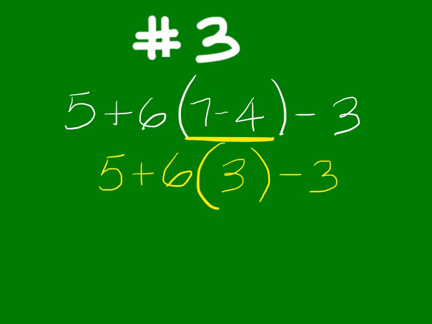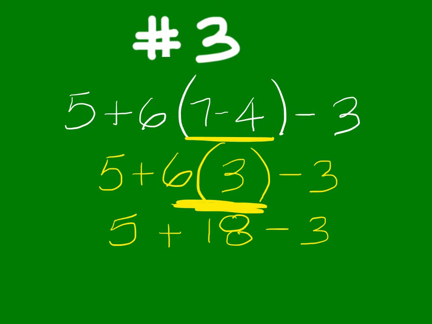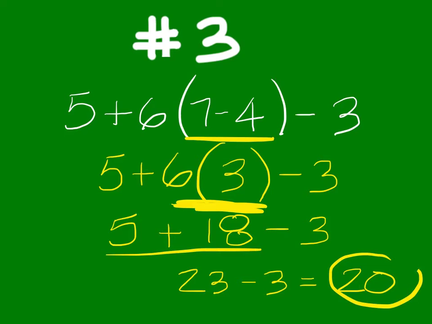Do I do 5 plus 6? 6 times 3, yes. 6 times 3 is what? 18. And then what do I do next? 5 plus 18 is 23, and then take away 3 to get 20.